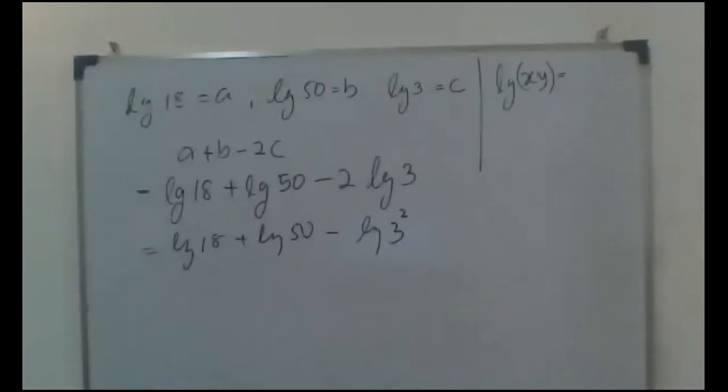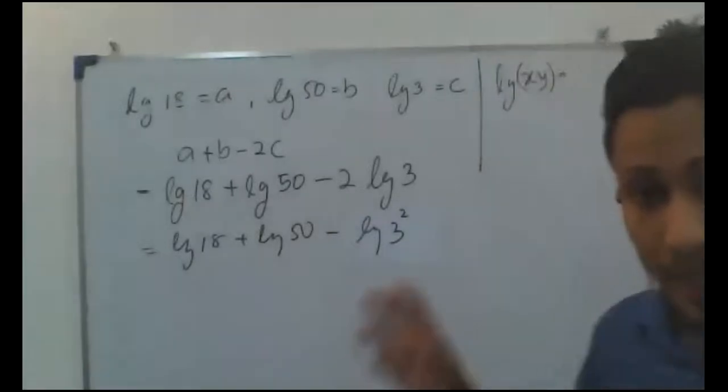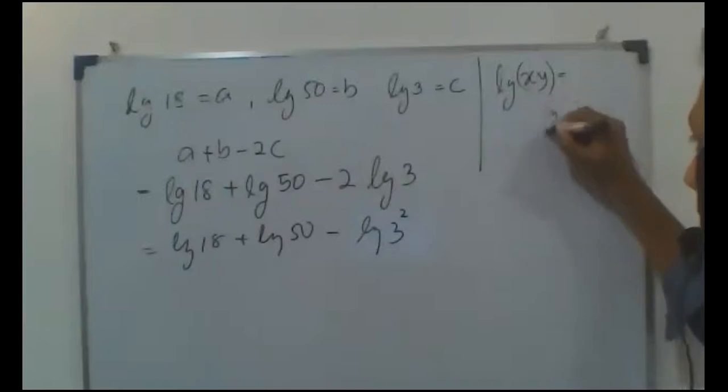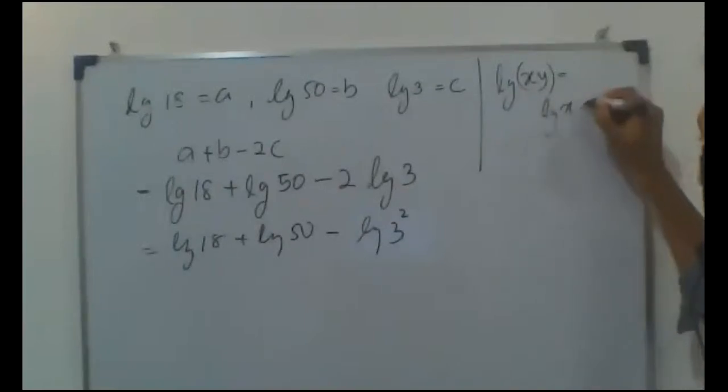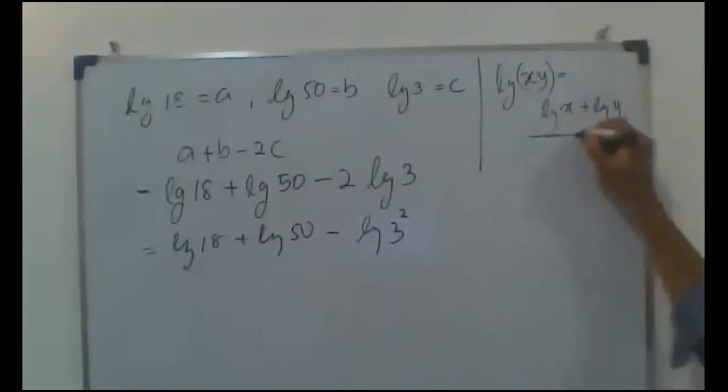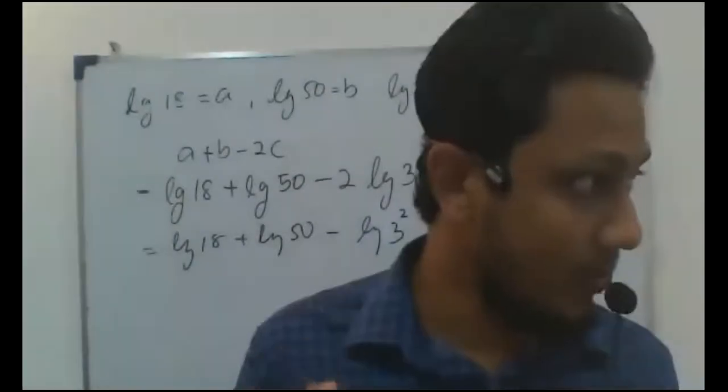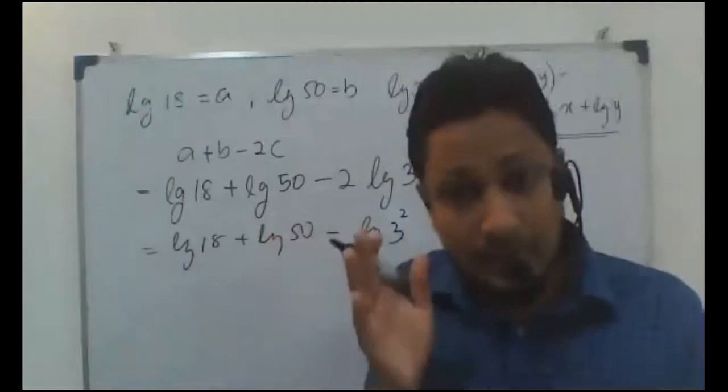The multiplication we can convert as addition. So what is the answer? We can write it LG x plus LG y. So this is one way: when we have the multiplication we can convert it as addition.